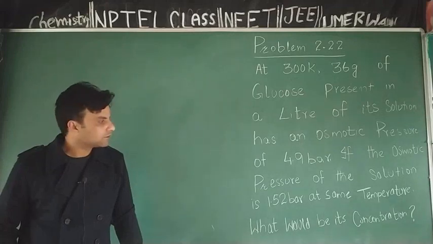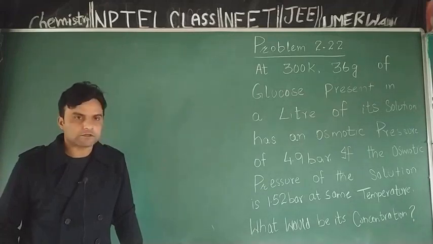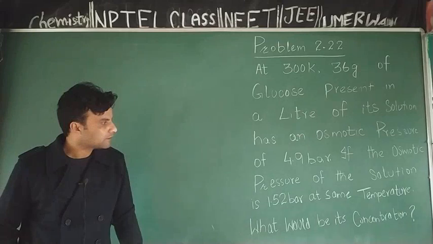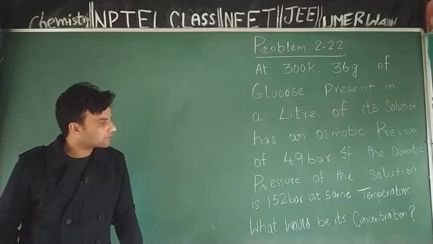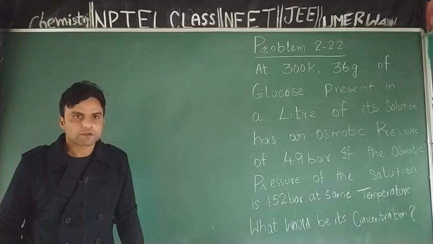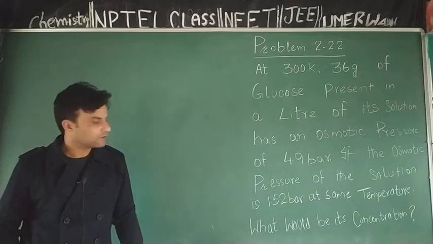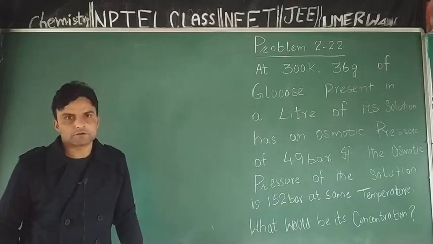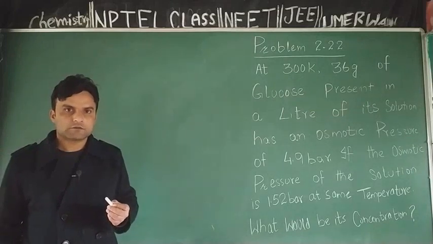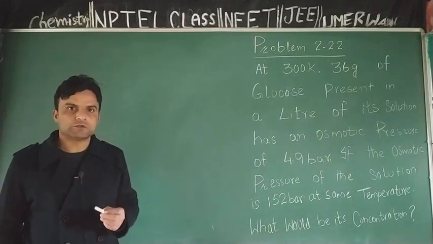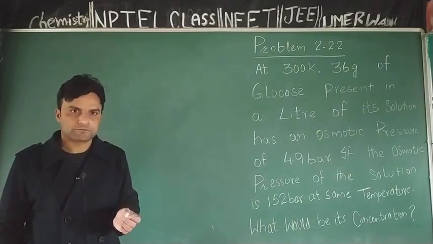Now, question says that if osmotic pressure of solution of glucose is 1.52 bar at same temperature, what would be its concentration? So we have two solutions of same solute.